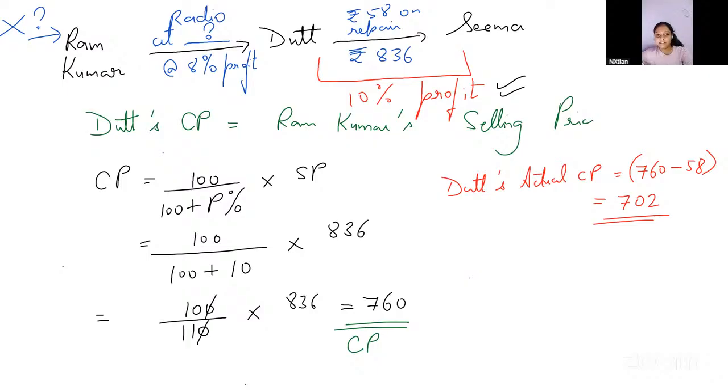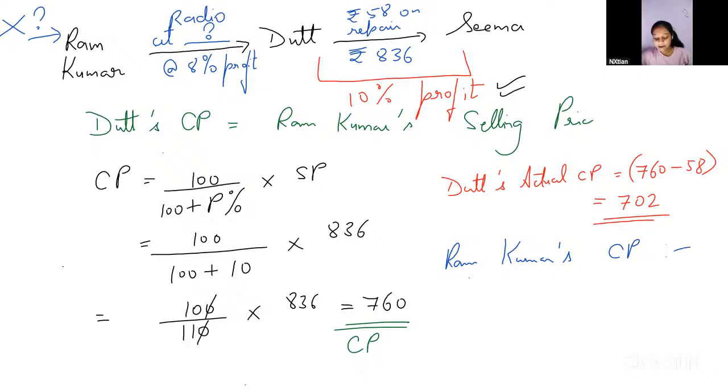Because 8% is the profit, 100 plus 8. I will calculate Ramkumar's cost price. Cost price formula: 100 divided by 100 plus profit.